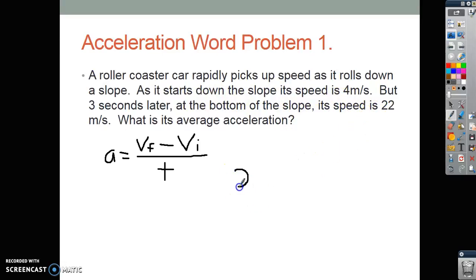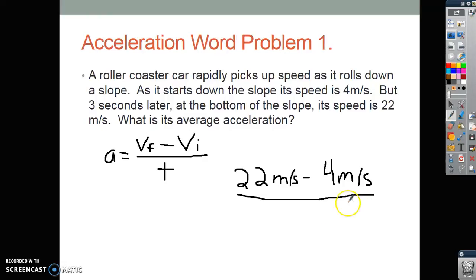So we take 22 meters per second minus 4 meters per second, because that's our initial velocity. And this happened over a period of 3 seconds.